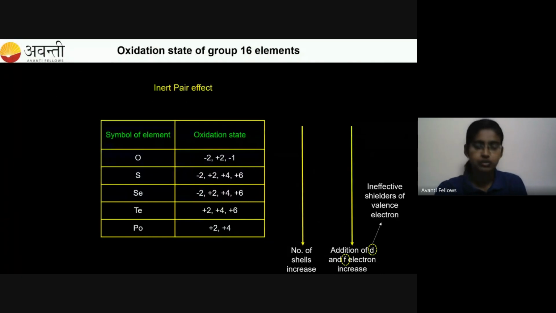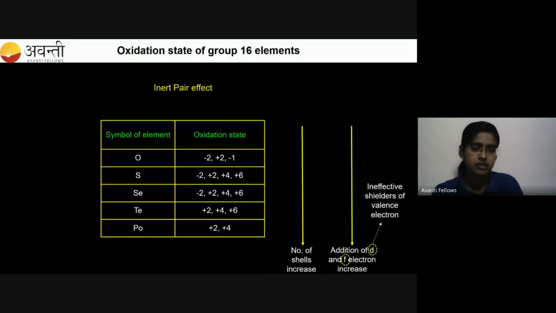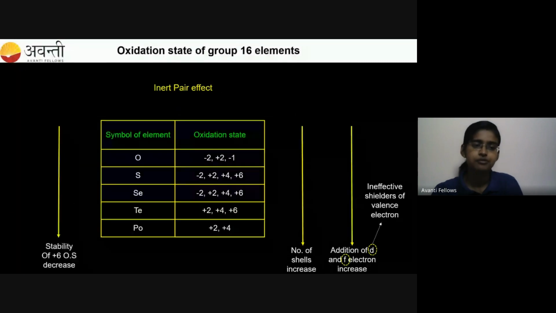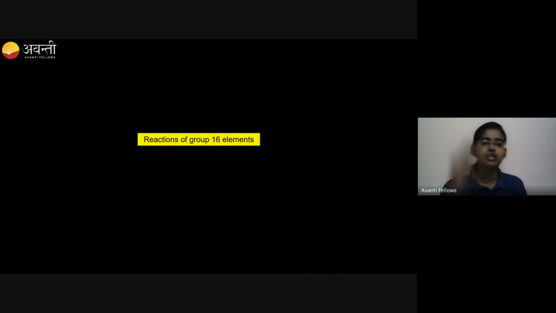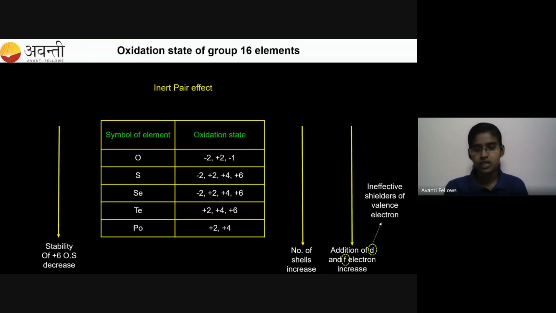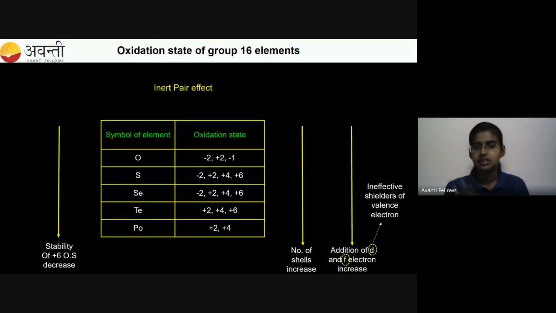So because of this, the s electrons get attracted towards the nucleus in the outermost shell, and cannot take part in bonding. Only the 4 electrons in the np4, in the p orbital, can take part in bonding. Okay. So the stability of the higher oxidation state, that is +6, decreases, and the stability of the lower oxidation state, +4, increases. Got it? Same reason.